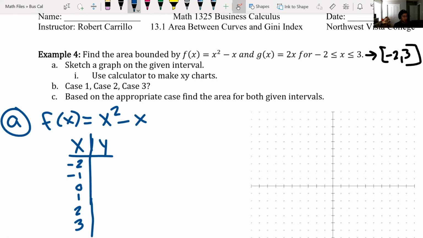X squared minus x: -2 gives me 6. -1 gives me 2. 0 gives me 0. 1 gives me 0. 2 gives me 2. And 3 gives me 6. There's that.